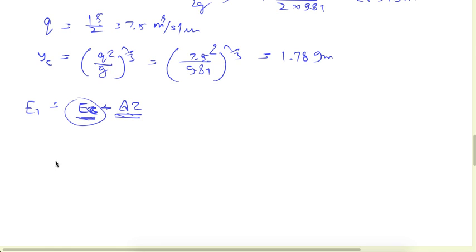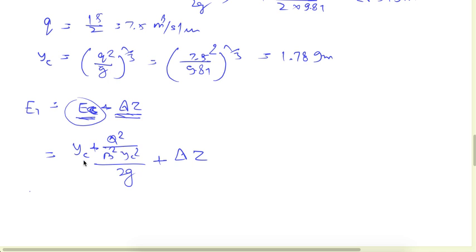So this we can write as YC plus Q square upon B square YC square upon 2G plus delta Z. So we know all these values.